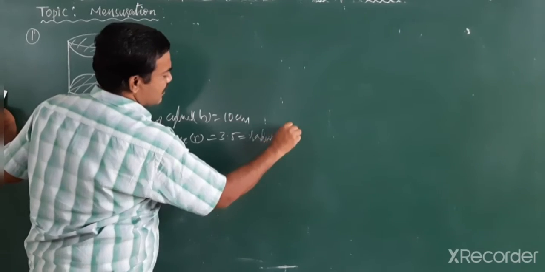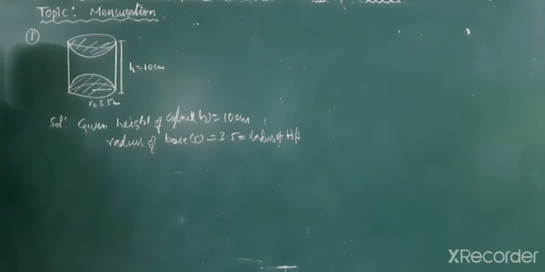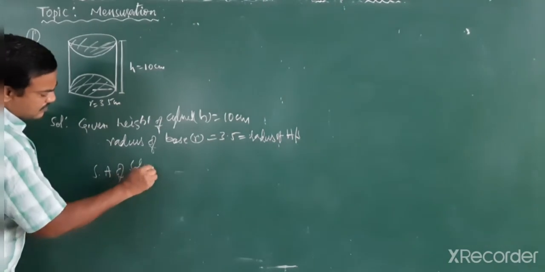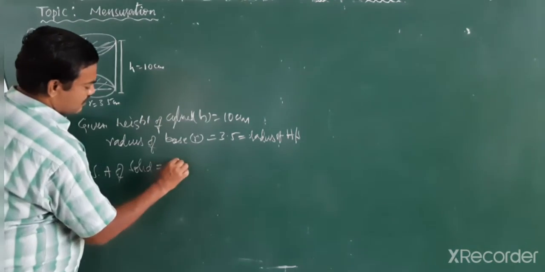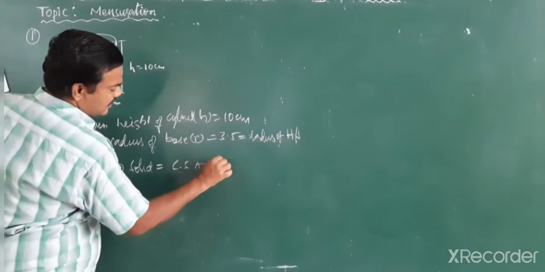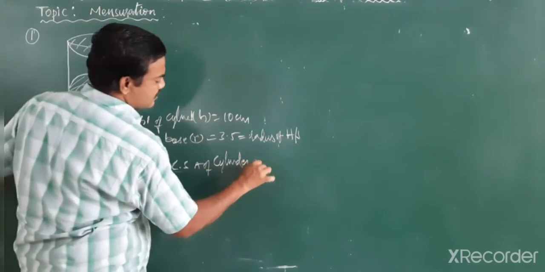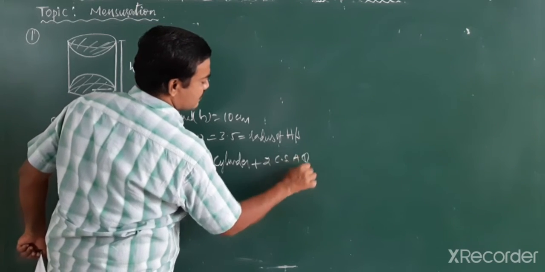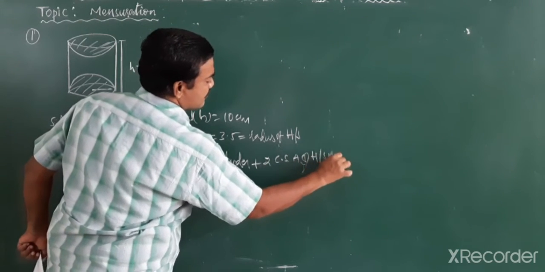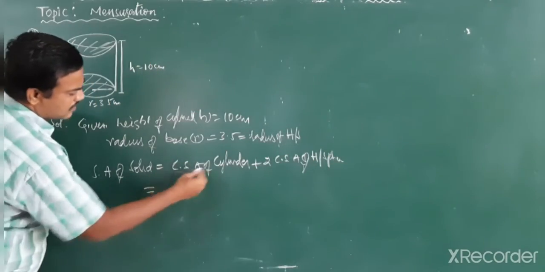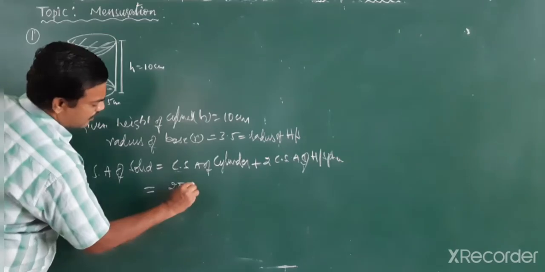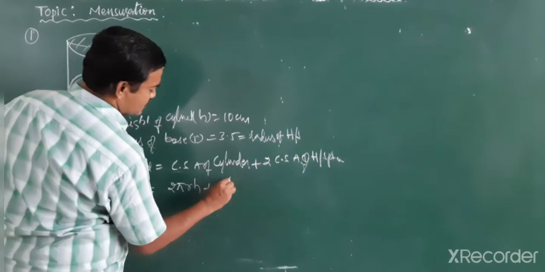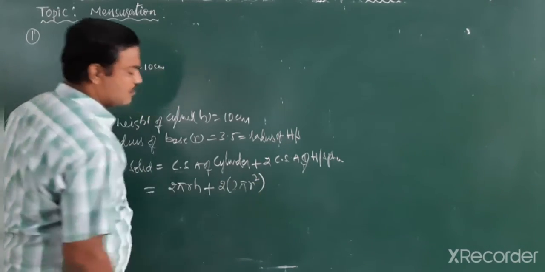So the total surface area of the solid is equal to the curved surface area of the cylinder plus 2 into the curved surface area of the hemisphere. The formula is 2 pi r h plus 2 into 2 pi r square.